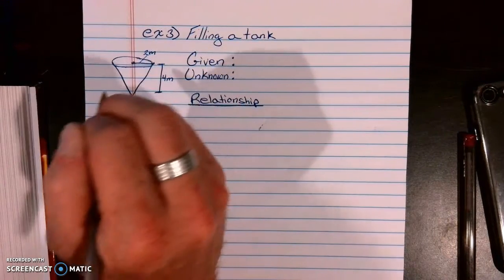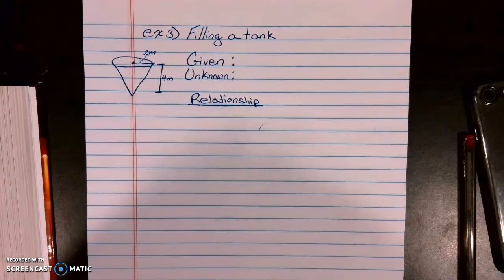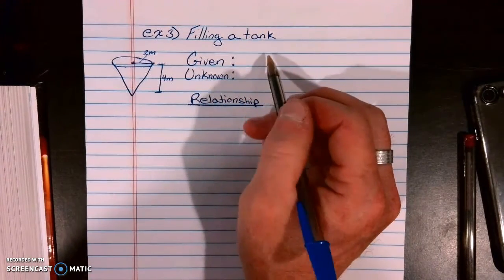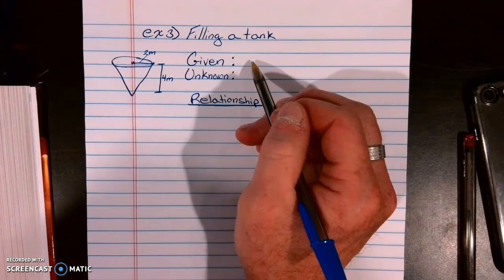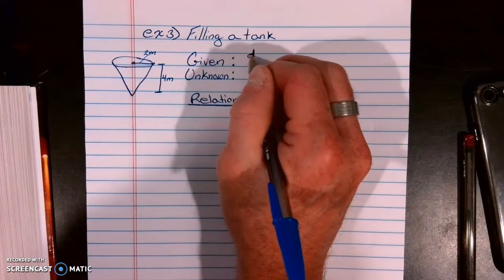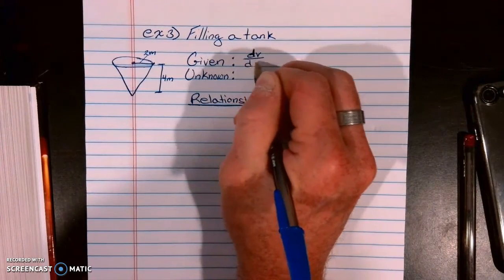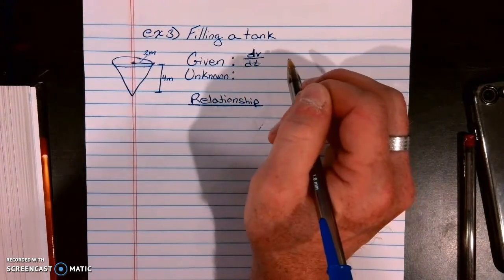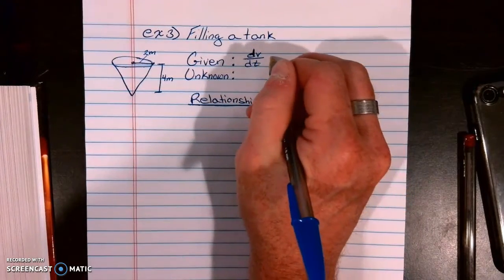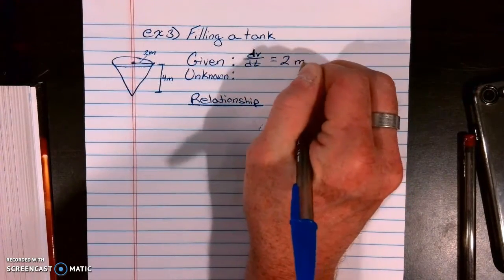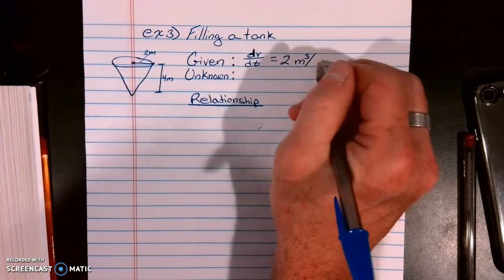Okay, and they're saying the water is being pumped into the tank at a rate of 2 meters cubed per minute, so that represents our given. So our rate is the change in volume with respect to time, dV/dt, which equals 2 meters cubed per minute.